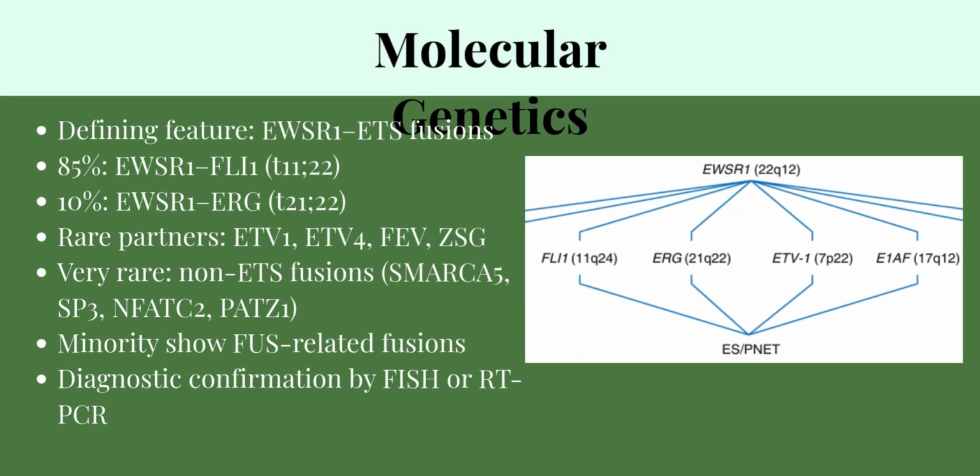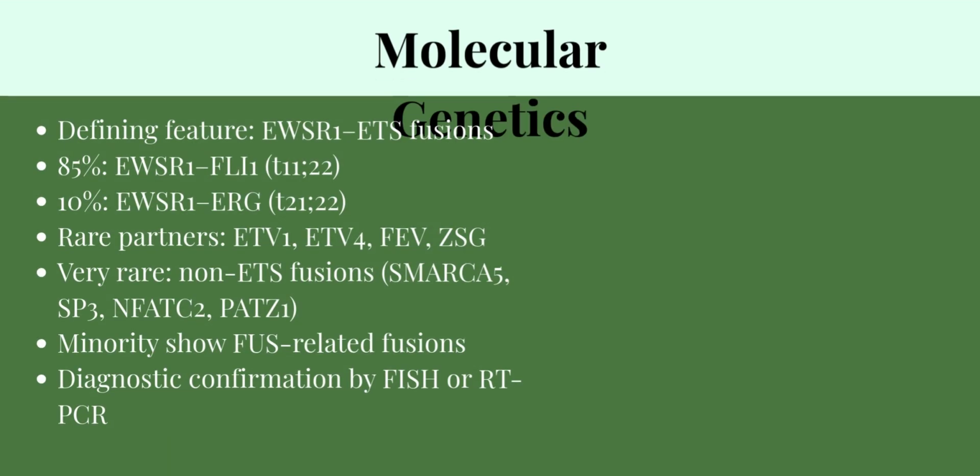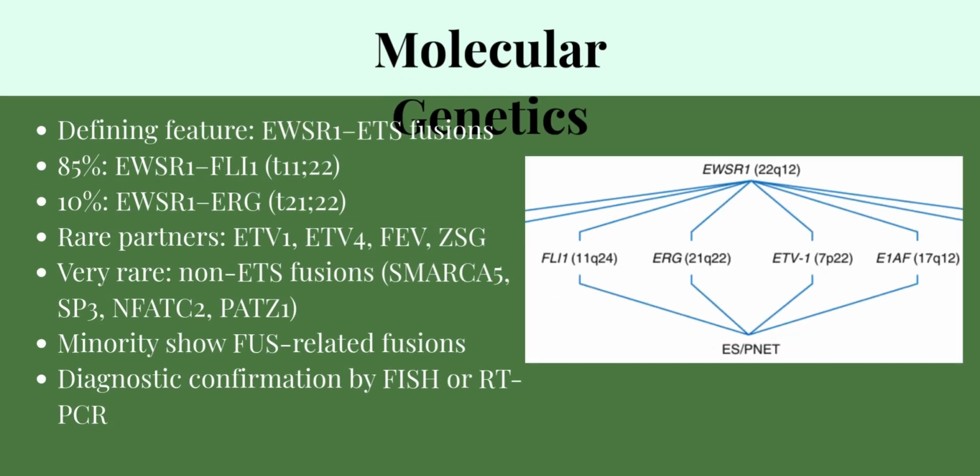On a molecular level, Ewing sarcoma is defined by EWSR1 and ETS gene fusions. The most common is the EWSR1-FLI1 gene fusion, accounting for 85% of the cases. After this, the next most common fusion is between EWSR1 and ERG, and many other rare fusions are also seen.